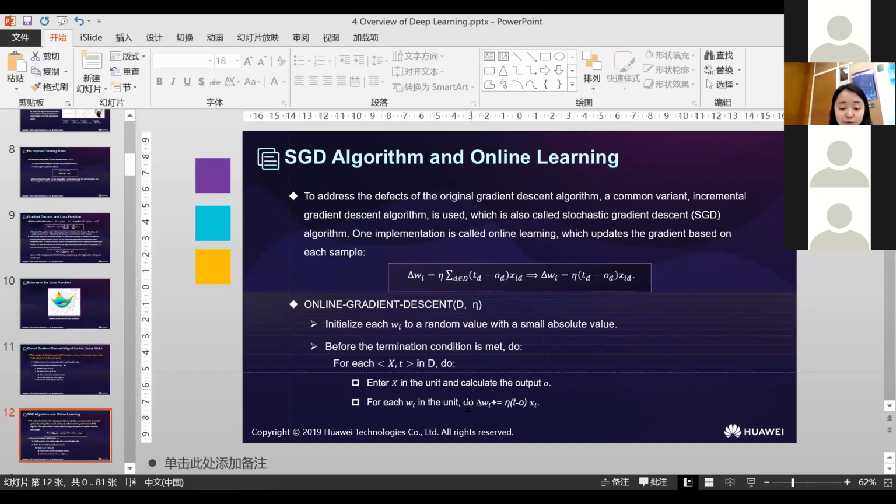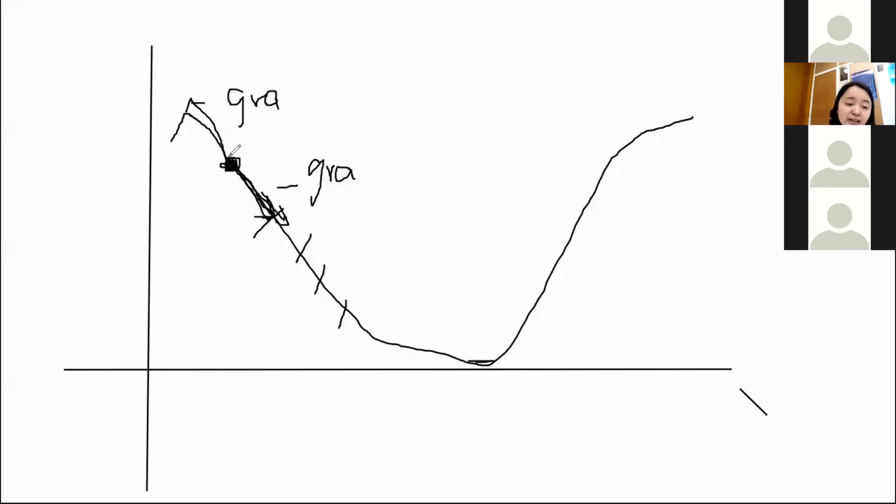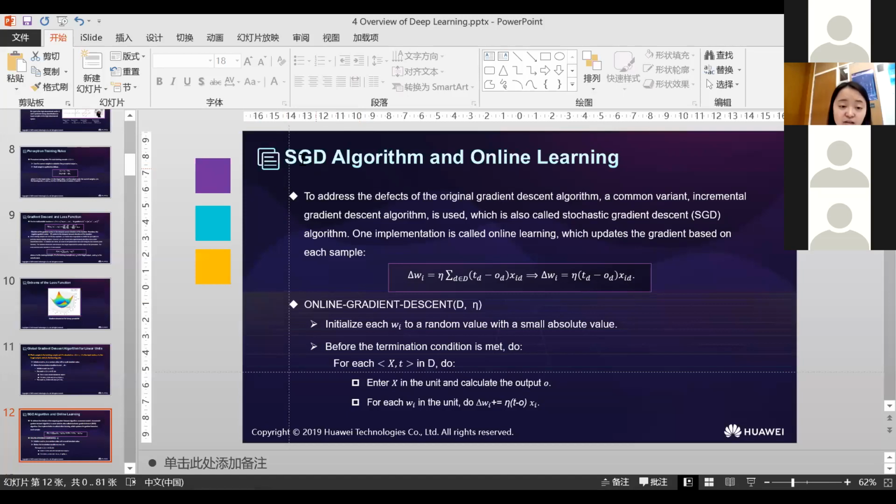And for the stochastic gradient descent algorithm, it means every time when we calculate the gradient here, for example, if our loss function is like this, so the gradient that is partial, that is x. So here x, and to calculate the gradient, we will randomly pick one sample from the whole training dataset. So that is stochastic gradient descent.